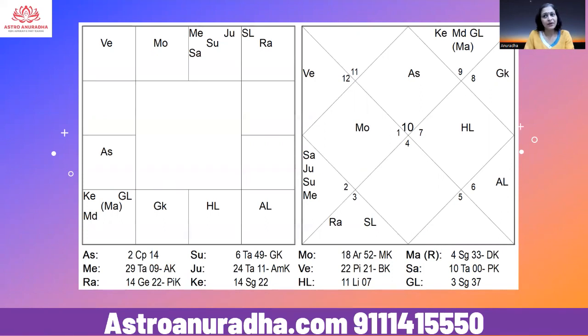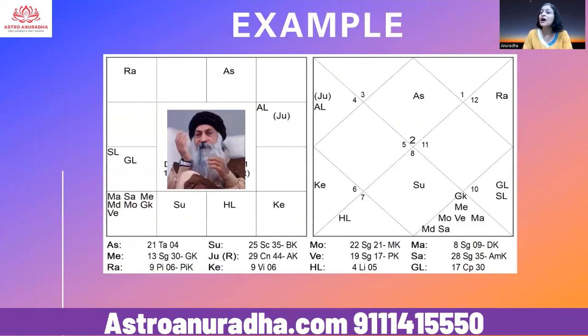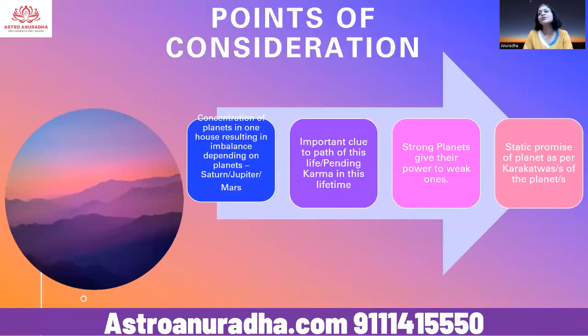Becoming independent, becoming popular. The fifth house also talks about your oratory parts and your ability to influence people. Yes, the fifth lord is also exalted in the third house.